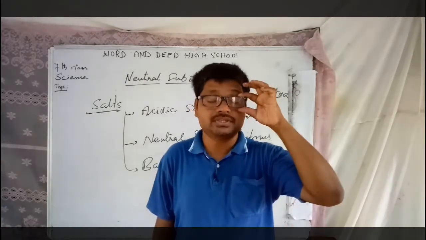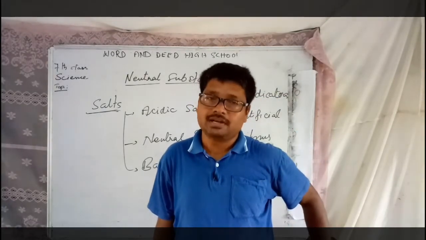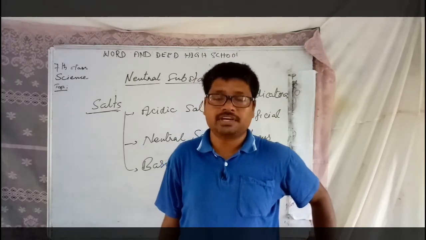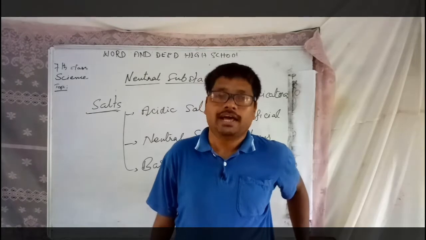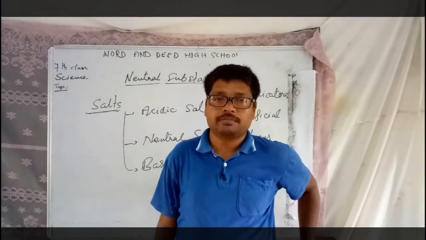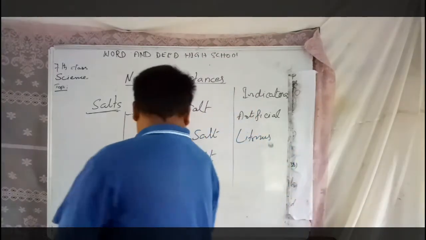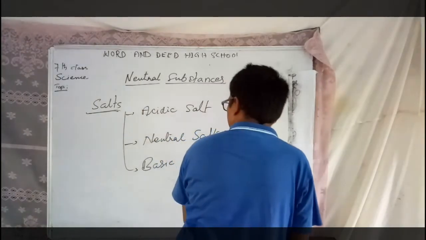How do you test them? Using litmus paper. You know, litmus paper is of two types, one is blue litmus paper, another one is red litmus paper.